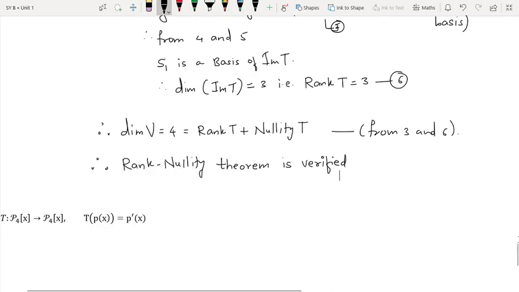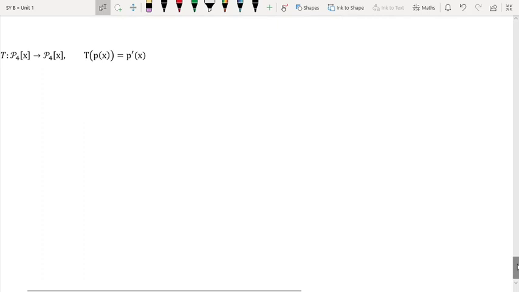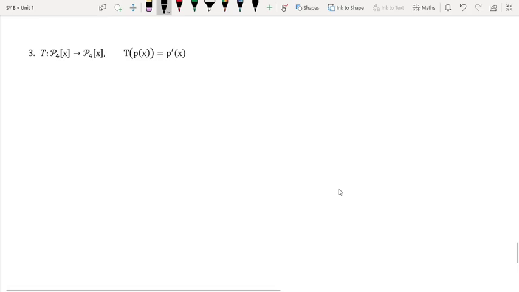Okay, so now we will go for the next example, this one. For this example we have already done the calculations for kernel and image, so the rest of the things you can write. So directly I will write down what our kernel of T is over here.